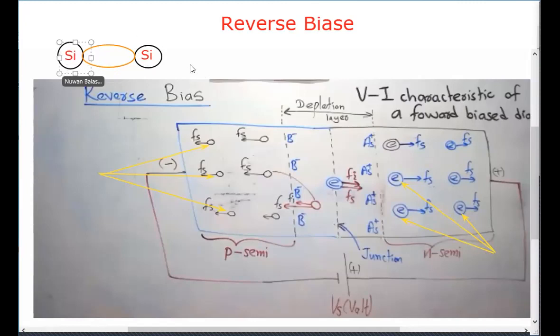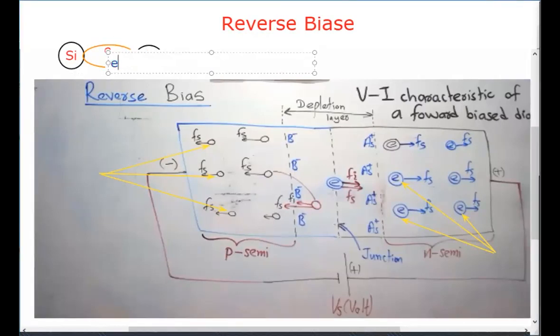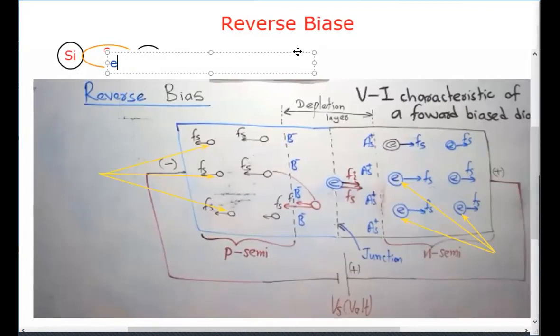In each such bond, there are two electrons. There will be an electron here and another electron here. One electron is given by one silicon atom, and the other electron is given by the other silicon atom.